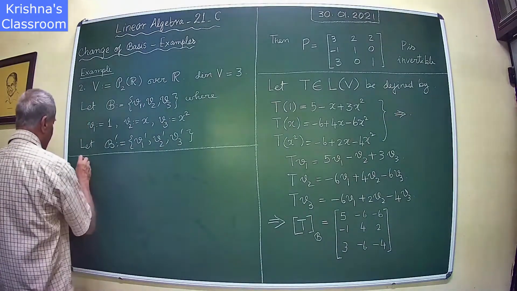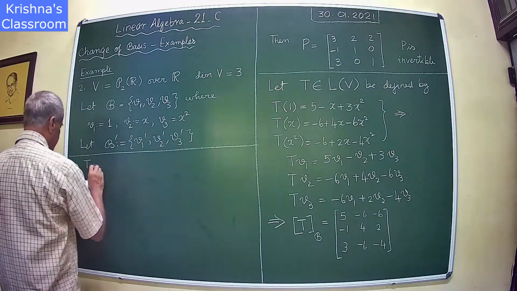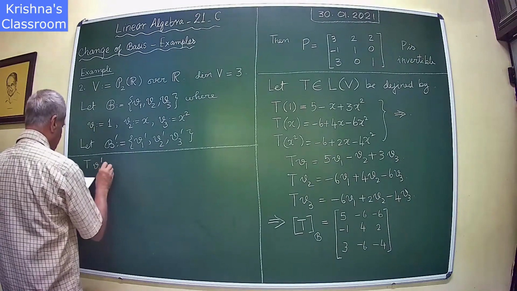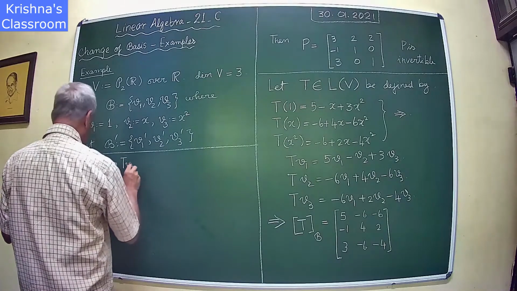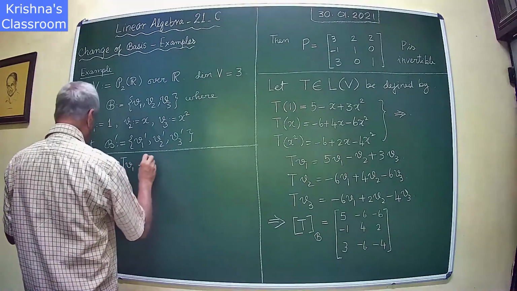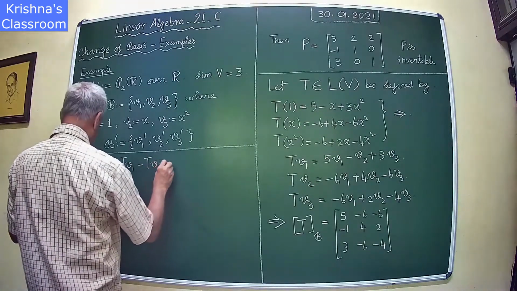So T v1 prime is equal to 3 times T v1 minus T v2 plus 3 T v3.